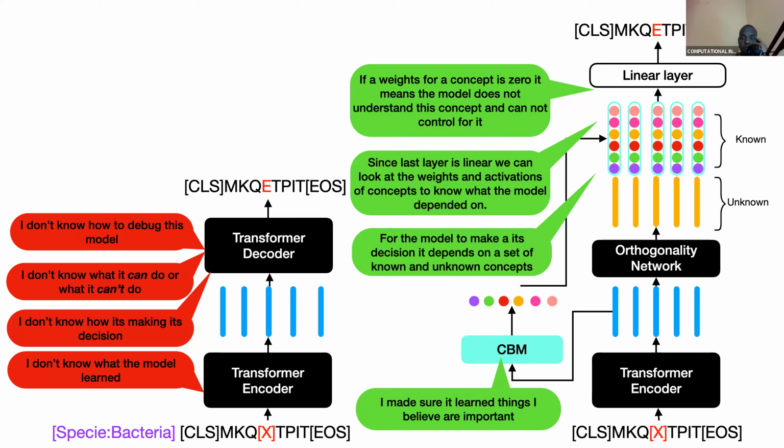So you take the CLS token output. When we're done encoding, all tokens have seen every other token because of the attention, right? So the CLS token has seen the whole sequence of amino acids at this point, and it has information about the whole protein.